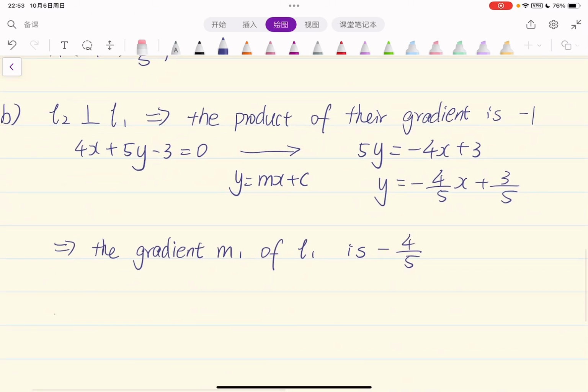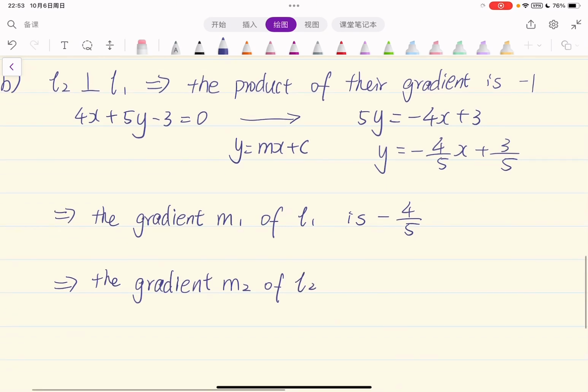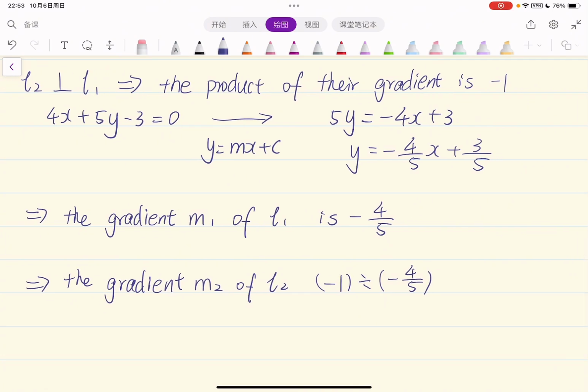In this case, we can get the gradient m2 of L2, that is -1 divided by minus 4 over 5, which equals 5 over 4.